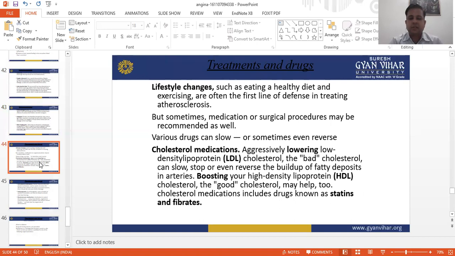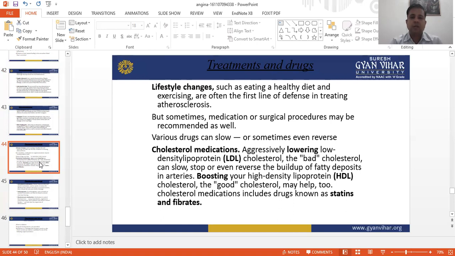Now let's discuss the treatments and drugs. Lifestyle changes such as eating a healthy diet and exercising are often the first line of defense in treating atherosclerosis. Sometimes medication or surgical procedures may be recommended as well.